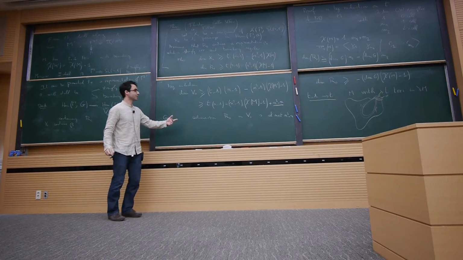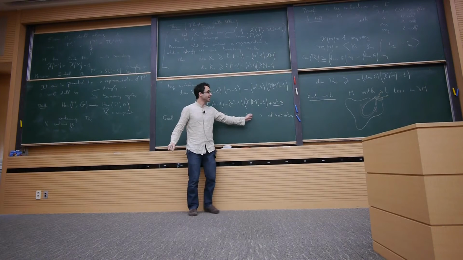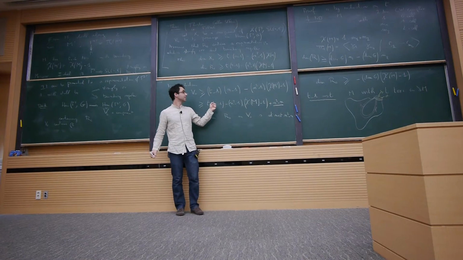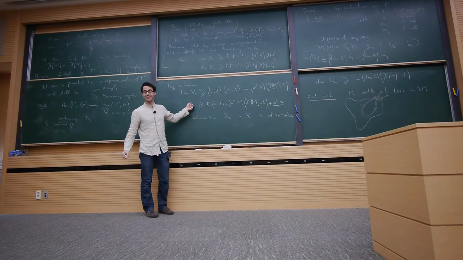If I prove that the codimension of R naught inside V naught is at most this term, then I will get the desired dimension of R naught.